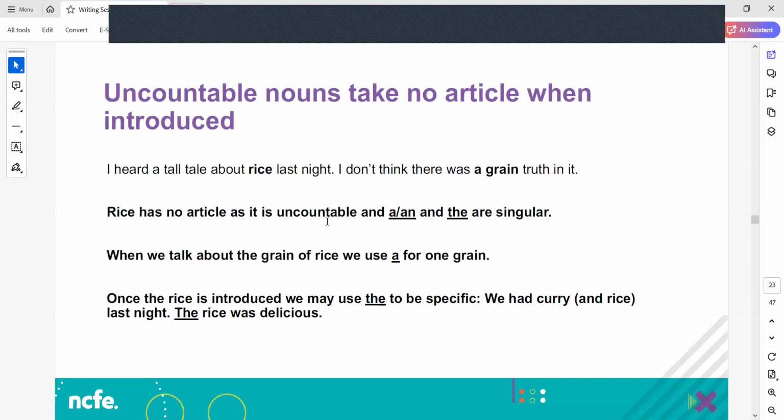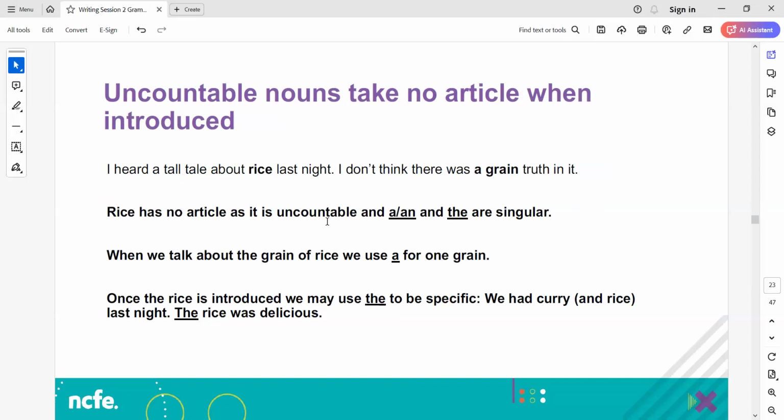As I mentioned before, uncountable nouns don't take an article when they are introduced. If you think about rice, it's uncountable because, like sand, it's not a specific thing, it's lots of grains.